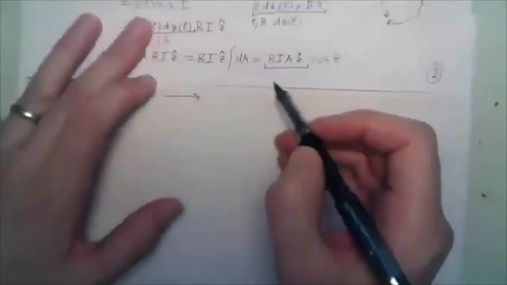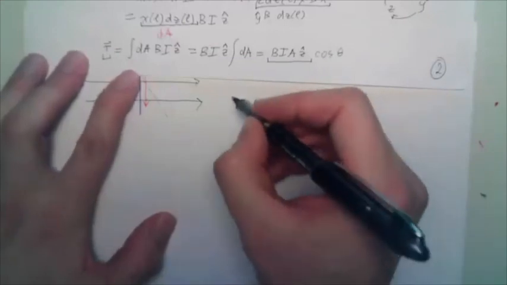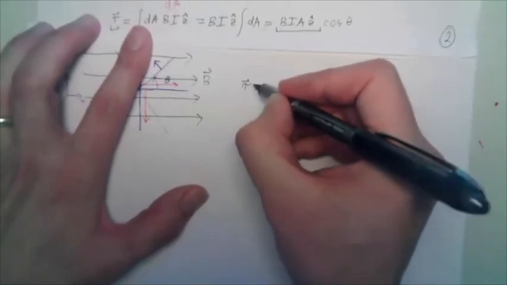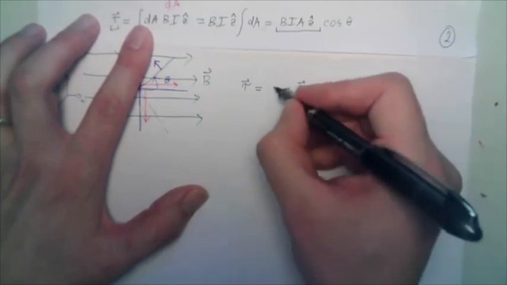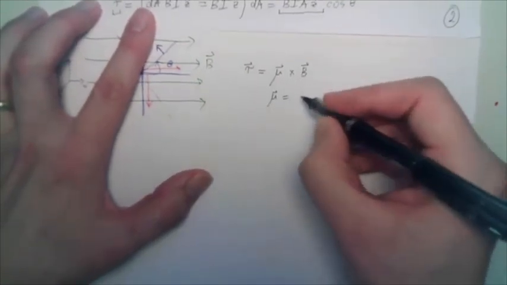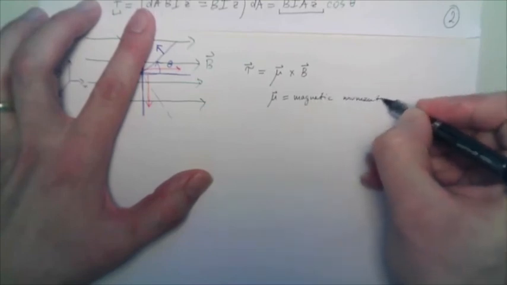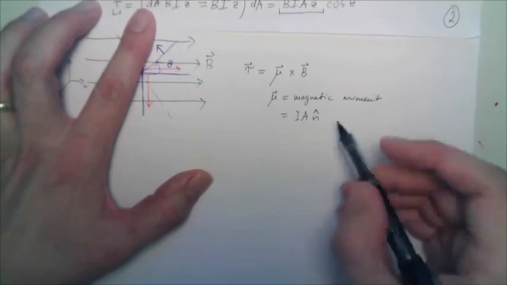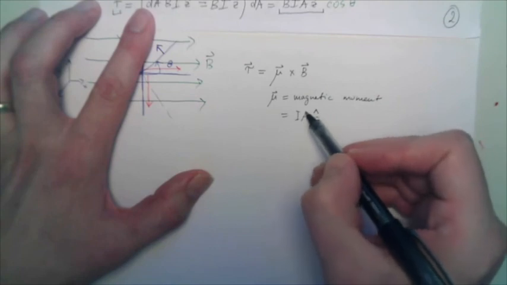So when we have the torque here, we can write this as the torque is something crossed with B, and whatever that something is, we call it mu, where mu is the magnetic moment, and it is equal to I times A times the normal, and this is the normal that is pointing normal to this surface, right?